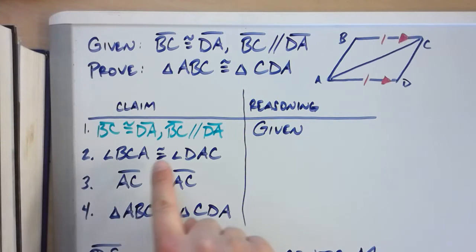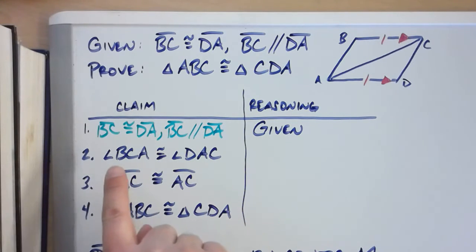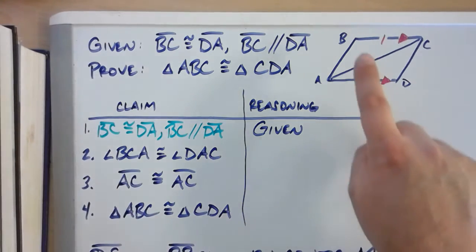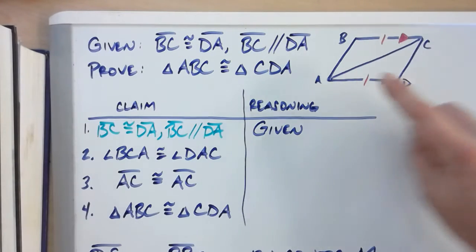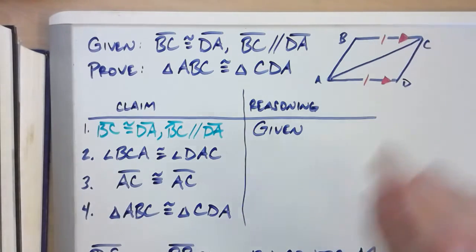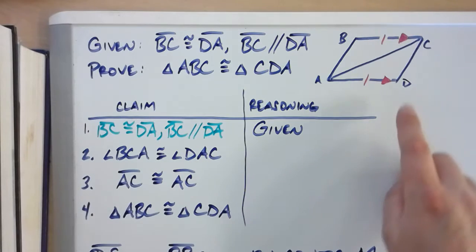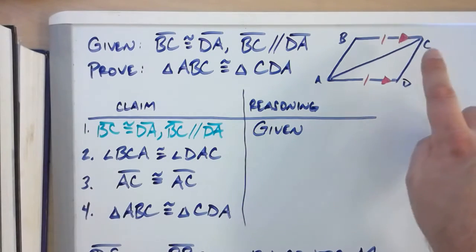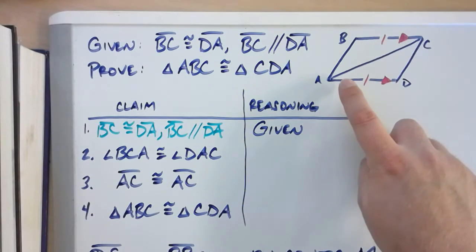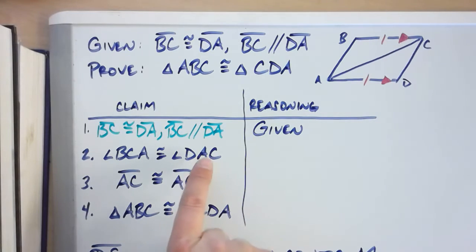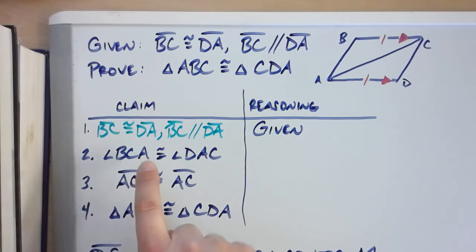So in my second step, I give you this information. Here's a claim: angle BCA, so it's this little wedge guy in there, is congruent to angle DAC. DAC is this little angle right in there. And so this is the next claim. Well, there's my angle. But why is that true?